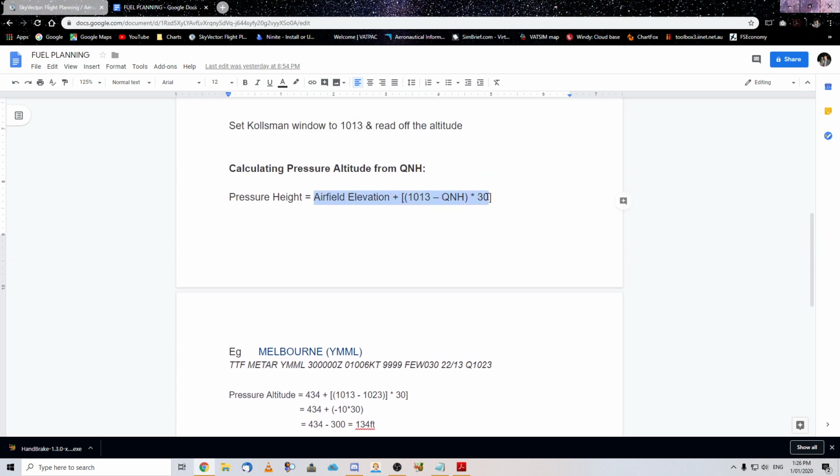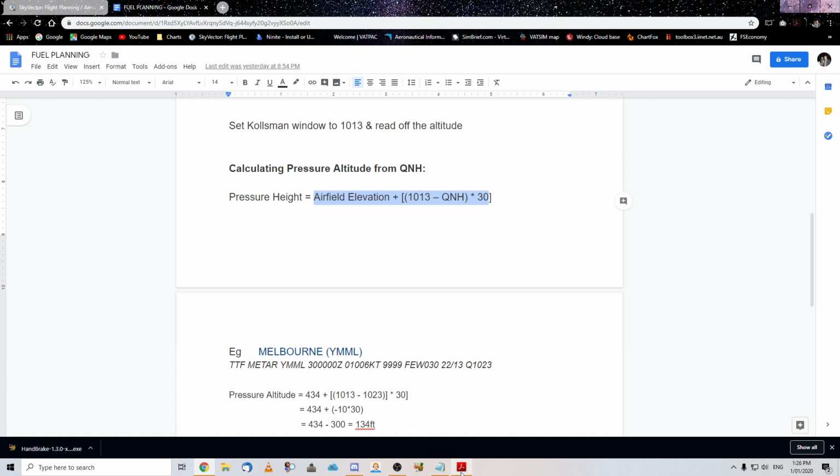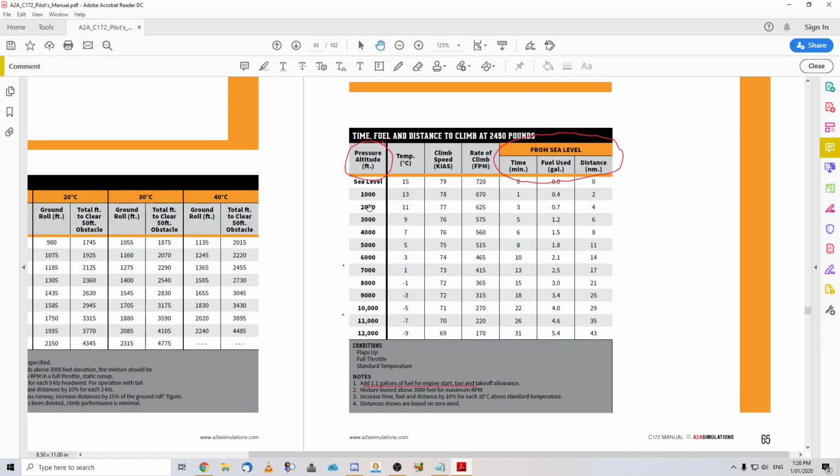By using this formula here and putting in the numbers, we get the pressure altitude at Melbourne is 374 feet. In this case, we'll assume it's closer to 500, because unfortunately, the tables only give you sea level and 1,000. So for the purpose of this exercise, we'll say it's closer to 500 than it is to 0 or 1,000.